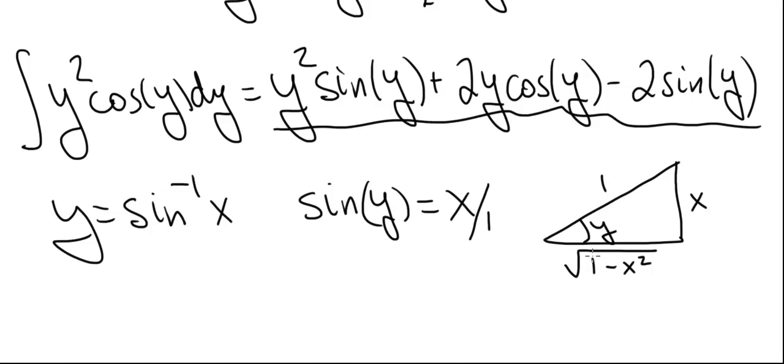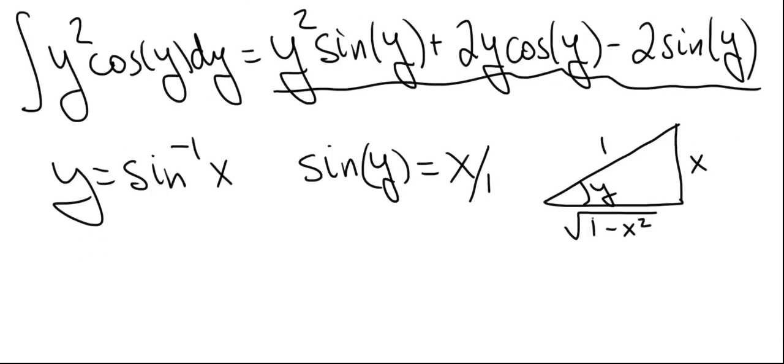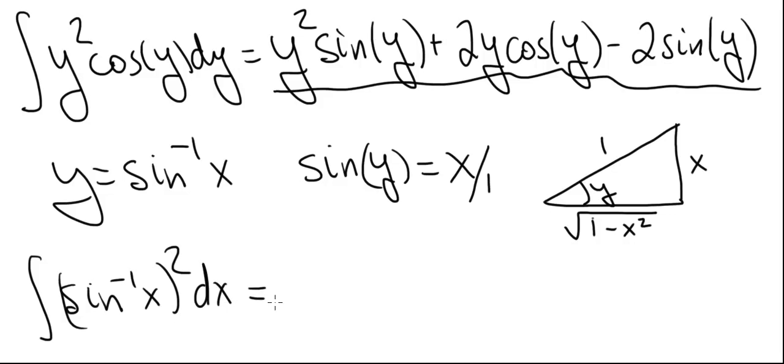So now we can finish this problem. The final answer: our original integral was the integral of inverse sine of x squared, and that is equal to y squared, so that's going to be inverse sine of x squared times sine of y.